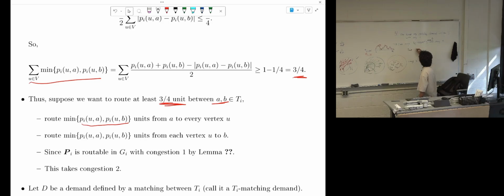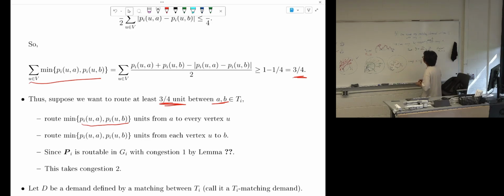The fact is that if you have demand D that respects this, you can write it as the convex combination of matchings, where the sum of these coefficients is 1 and each is at least 0. This is not too important, but yeah, like any.